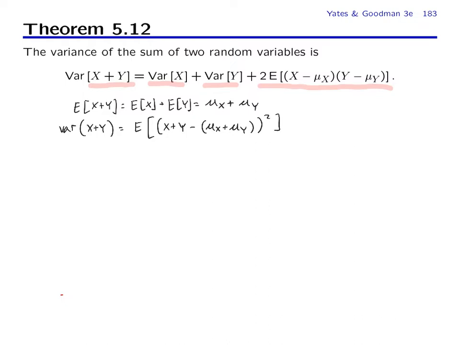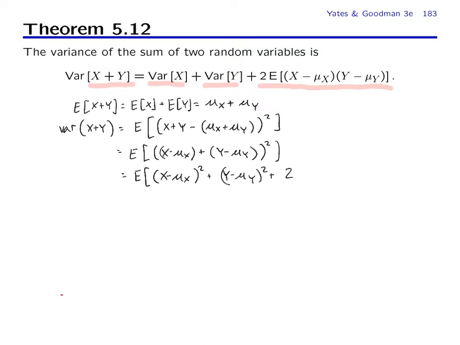And now we'll rearrange this one more time. This is x minus mu x plus y minus mu y, and then the whole thing is squared. And then you have to square these things, and you get x minus mu x squared, plus y minus mu y squared, plus 2 times the product of the cross terms.